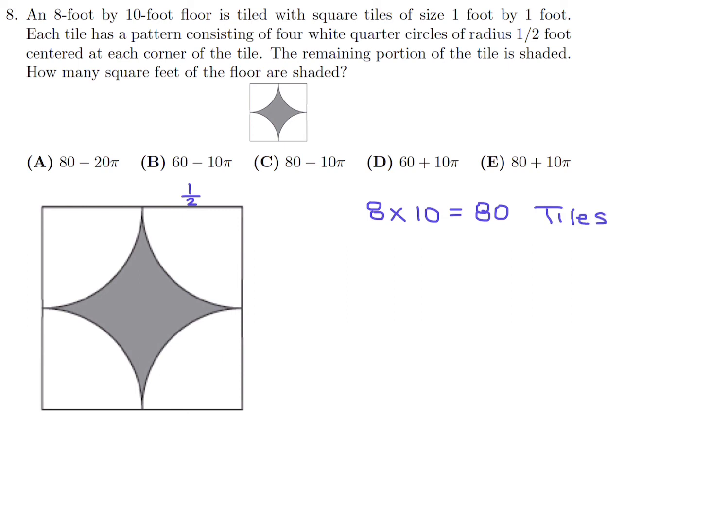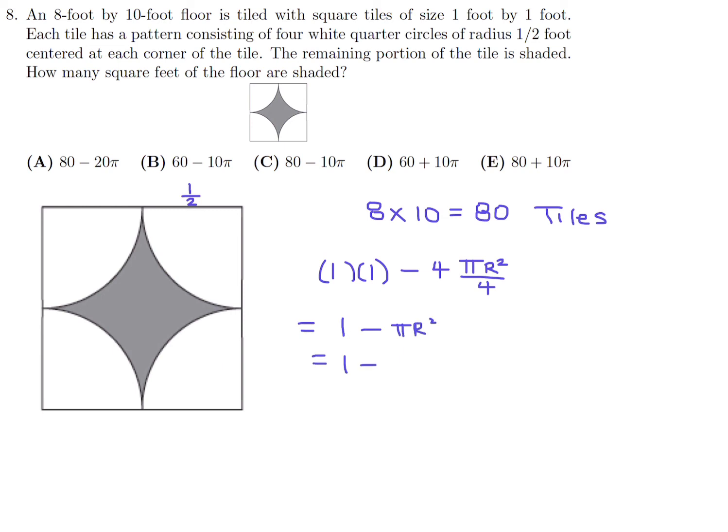All right? And then each of these shapes, the shaded region will be the area of the square, which is basically 1 squared since the side length is 1. So 1 times 1 minus 4 times these quarter circles. So pi r squared over 4. And there's 4 of them, that's why I'm multiplying it by 4. So this is just 1 minus pi r squared.